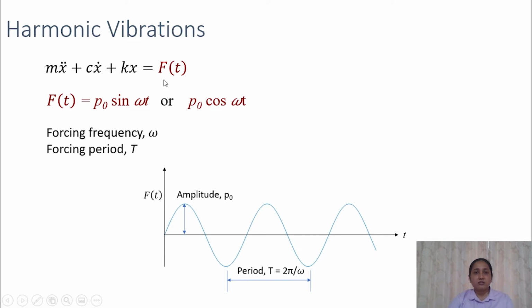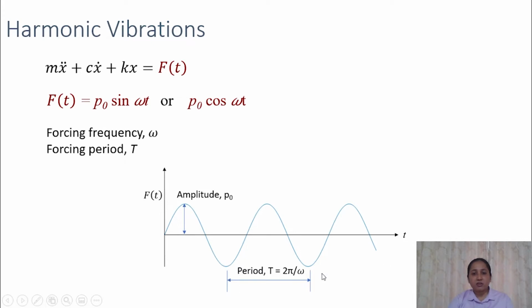That means the force acting on the system will be varying like this. It will be varying as a sine or cosine function, and the maximum value of the force, which is called the amplitude of the force, is P naught in this case. So here is the amplitude of the force and it varies like this.